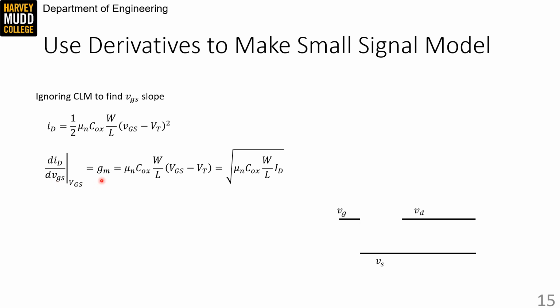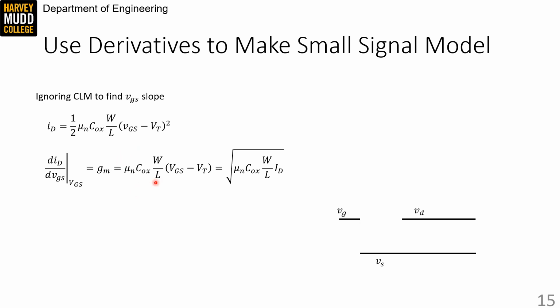And that derivative is pretty easy to evaluate. This is a polynomial, so we just pull this 2 down in front, and we're left with mu n Cox W over L times VGS minus VT. So this is a perfectly reasonable relationship that shows that gm is linearly related to the overdrive. That's all cool, except this constant is kind of a pain.